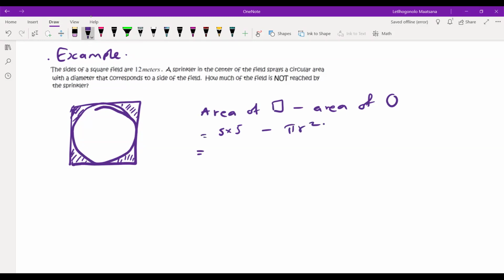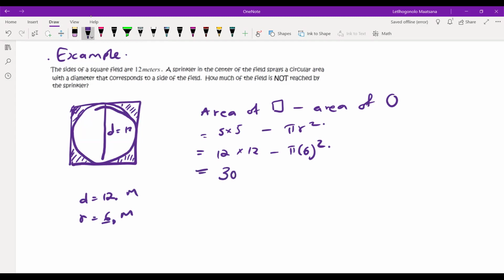So we will have 12 times 12 minus pi times 6 squared. Why 6? Because the diameter of the circle is 12, therefore the radius will be half of that, which is 6 meters. Put that in the calculator and we'll get 30.9 meters squared to 1 decimal place, or 31 square meters to a whole number.